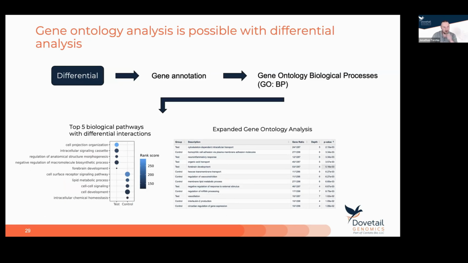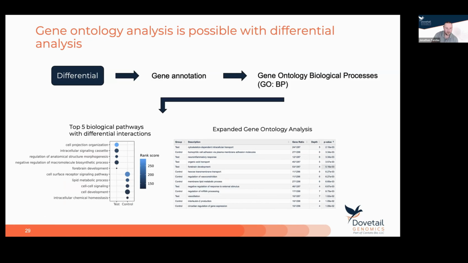The last step is probably where the majority of our interpretation comes from. It's still kind of challenging to take a list of interactions and associate those with genes.